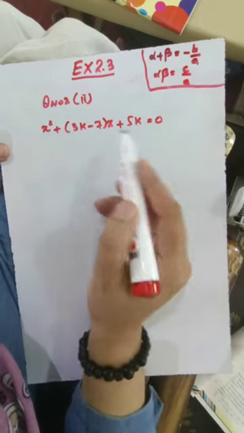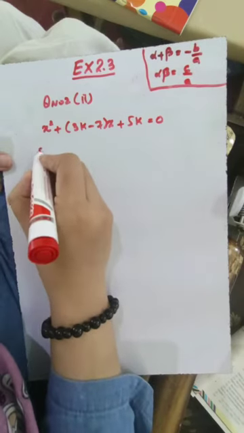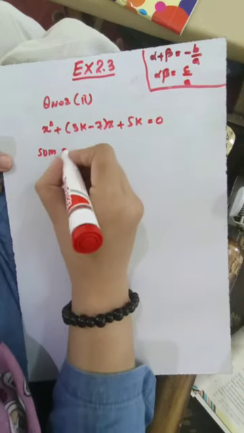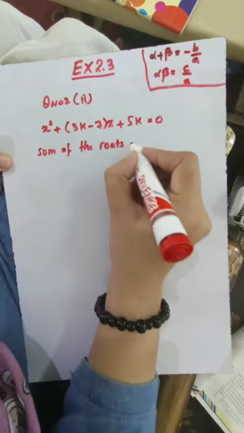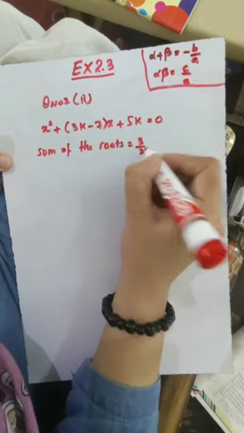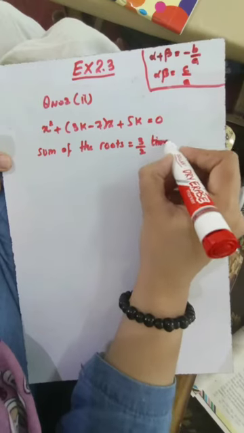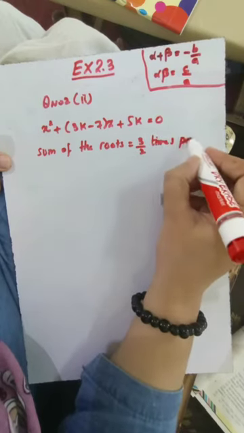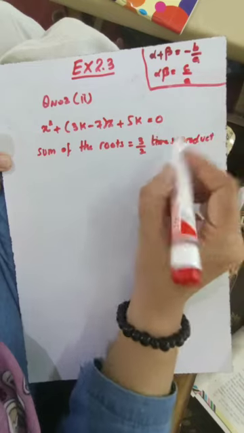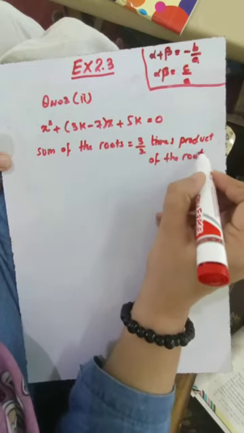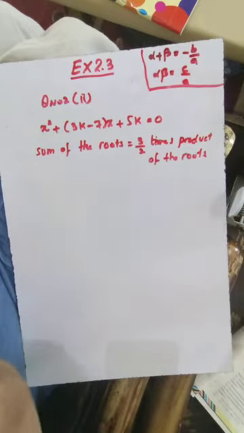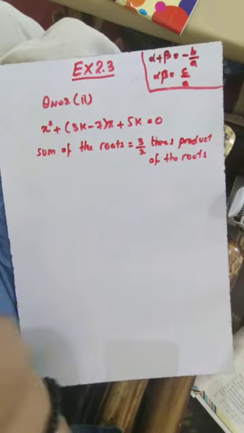This is the equation given to us, and they are saying that the sum of the roots is equal to 3/2 times the product of the roots. This is what they have given to us. So let's start the solution.